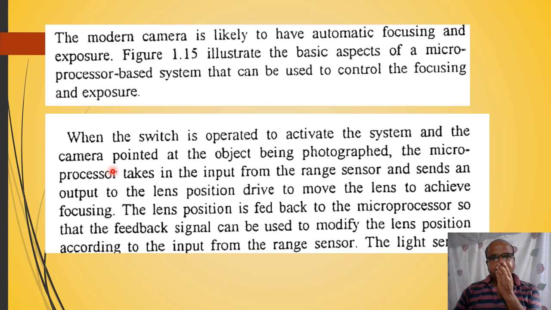Then next, the modern camera is likely to have automatic focusing and exposure. As the above figure illustrates, the basic aspect of a microprocessor-based system can be used to control the focusing and exposure.